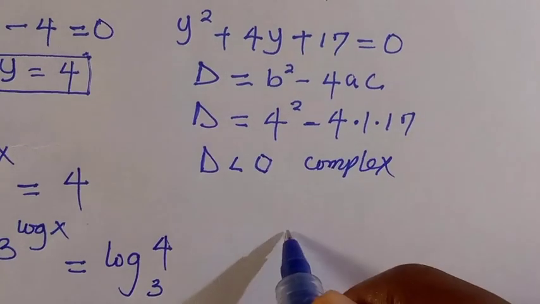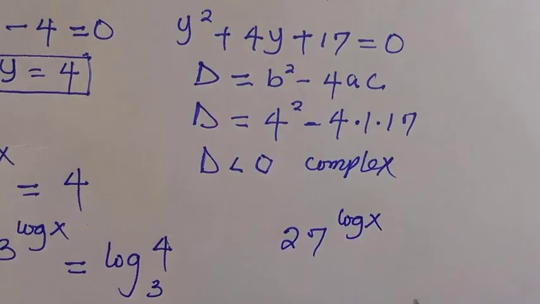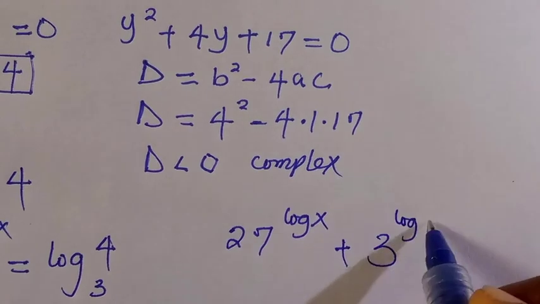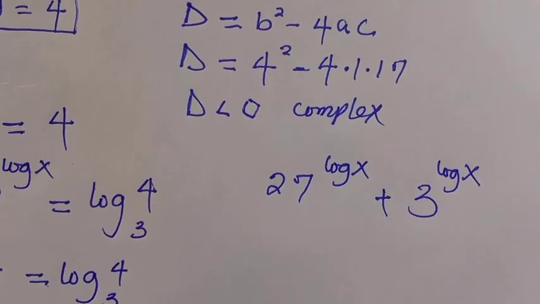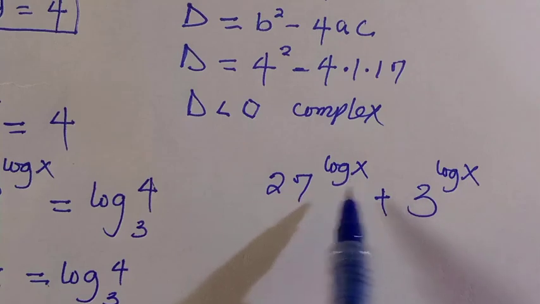And from the question, which is 27 to the power of log x plus 3 to the power of log x, since we have gotten the value of x, which is 10 to the power of log 4 base 3, we try to do the replacement.